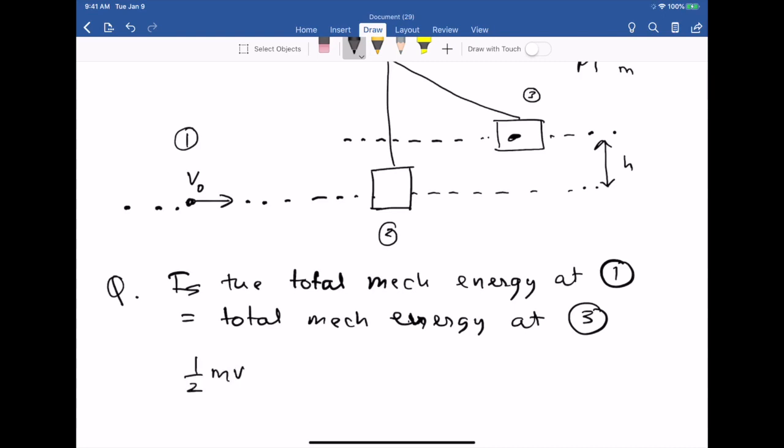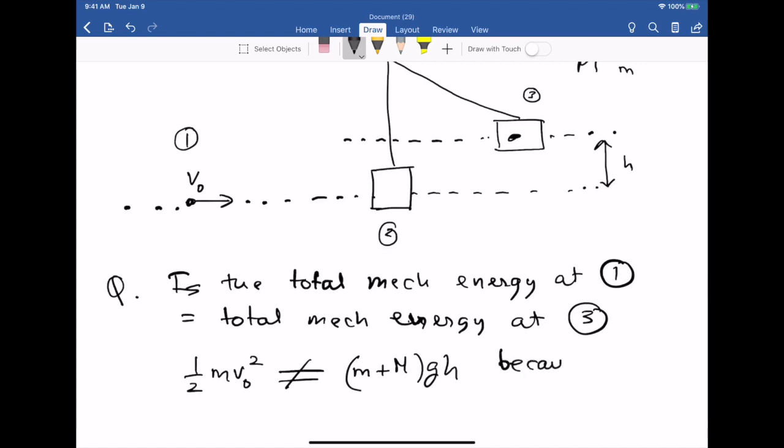Half mv0 squared is not equal to little m plus capital M times gh. So this equation is not true. You cannot set these equal. Why?